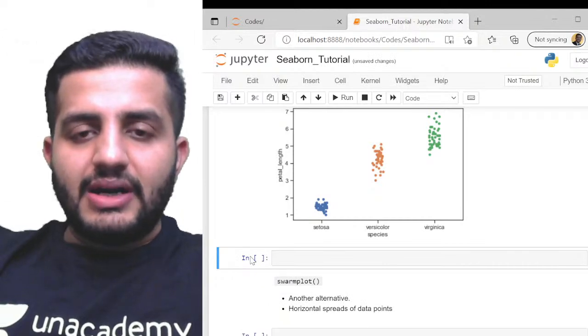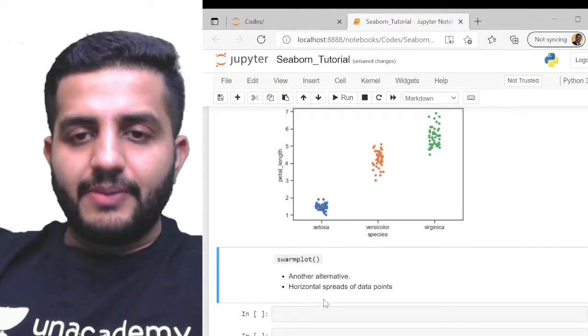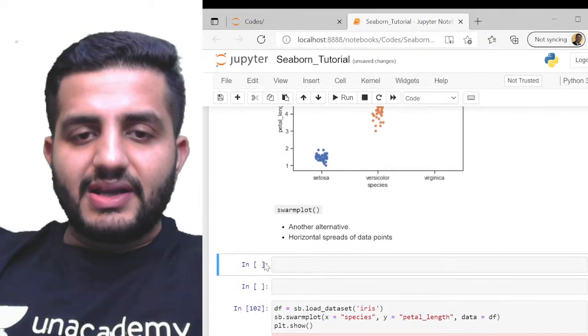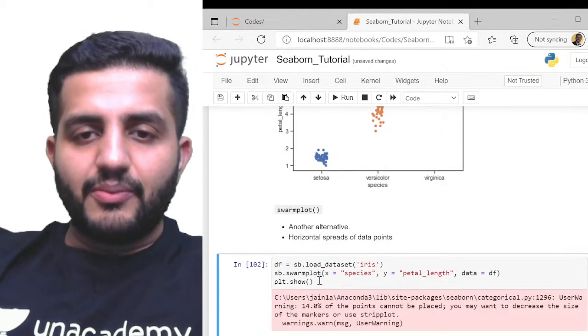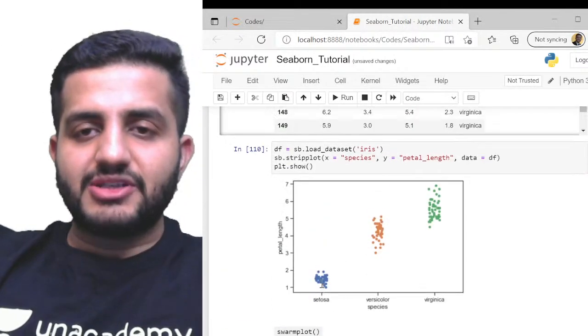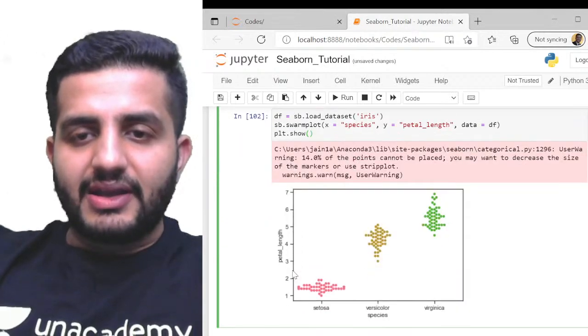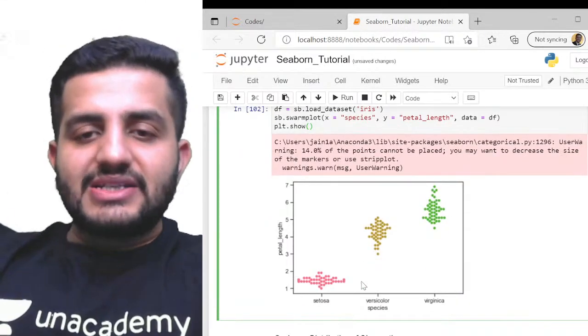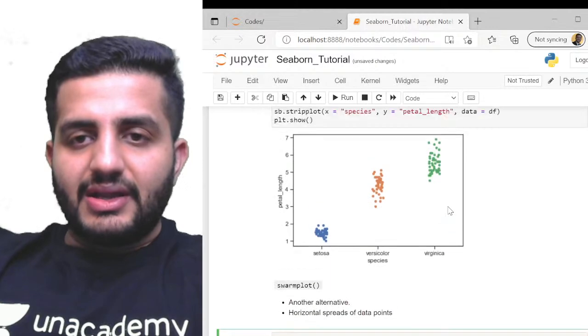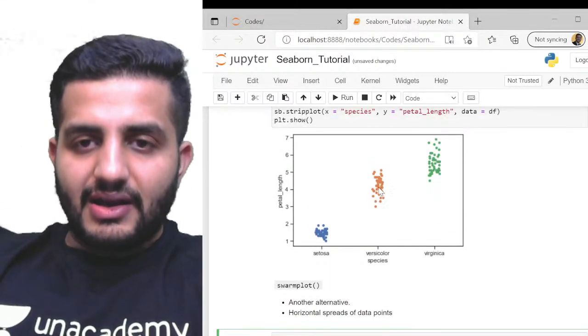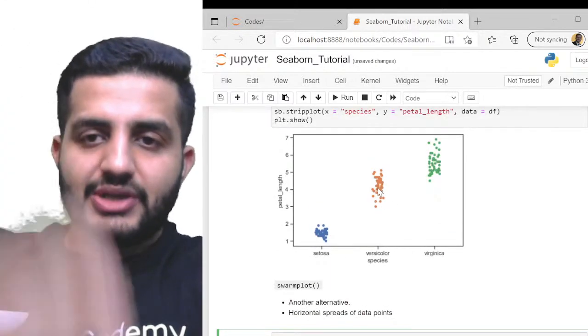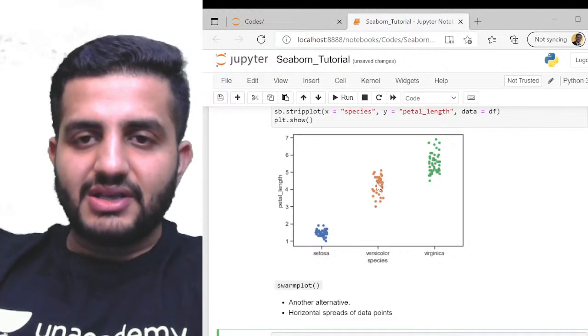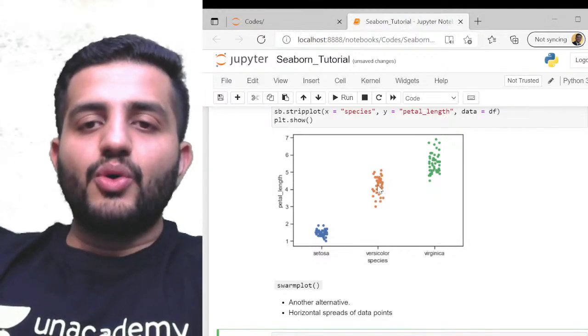Cool. An alternative to this is the swarm plot. What it does is give you more of a spread; I'm plotting the same graph, and you can see it spreads out my information, showing the individual data points. For example, here the dots are getting overlapped.